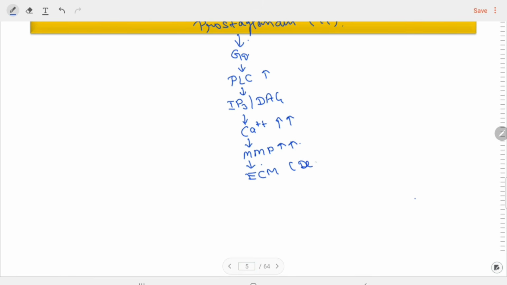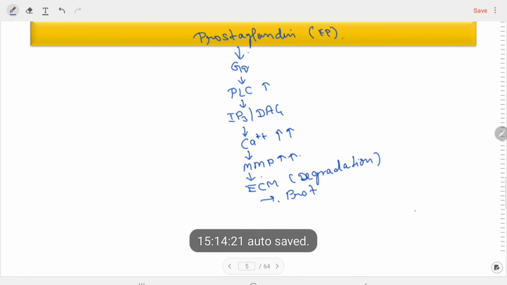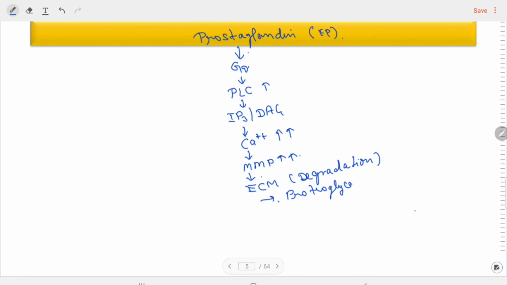This extracellular matrix becomes degraded, and after degradation, extracellular proteins like proteoglycan and fibronectin, these extracellular matrix materials cause the increased density of this structure.